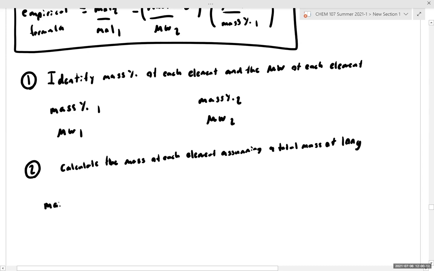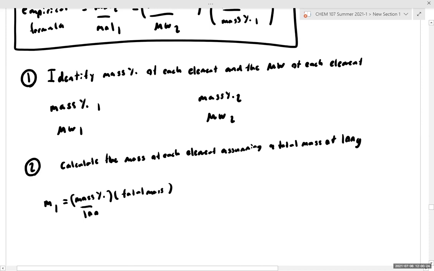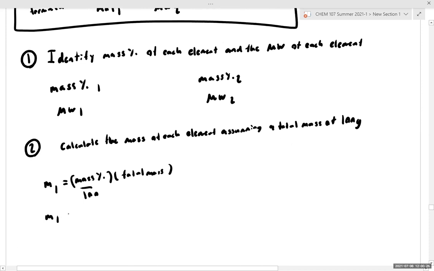So we know that the mass of element 1 would be equal to the mass percentage over 100 times the total mass. Plugging in a total mass of 100 grams, we get the mass is going to be identical to the mass percentage.